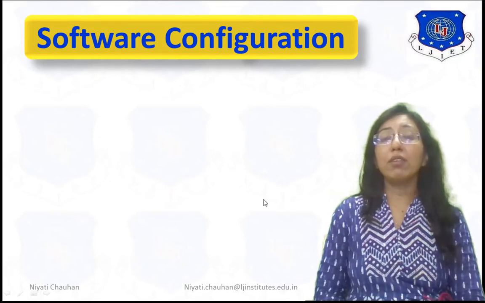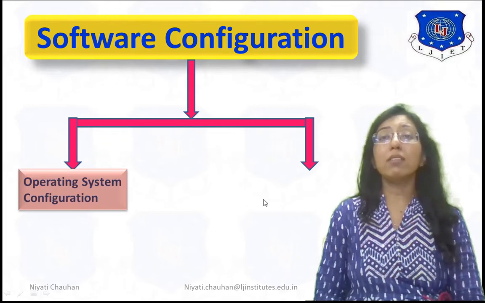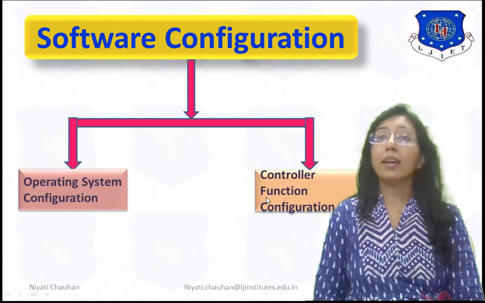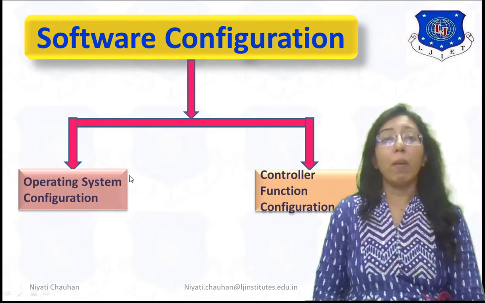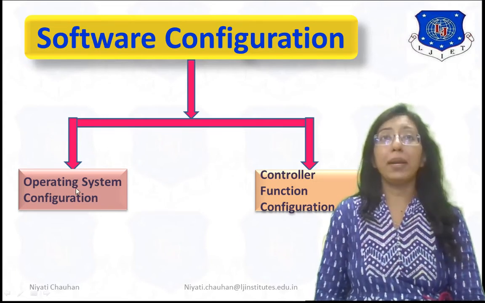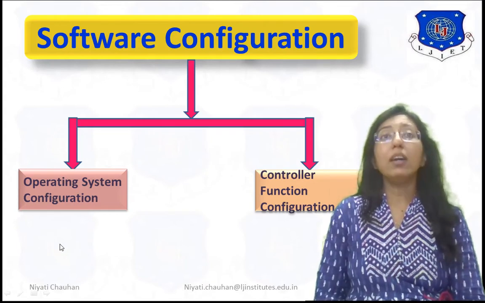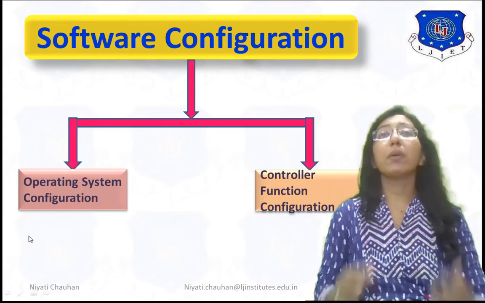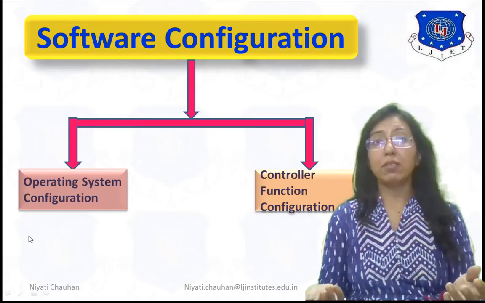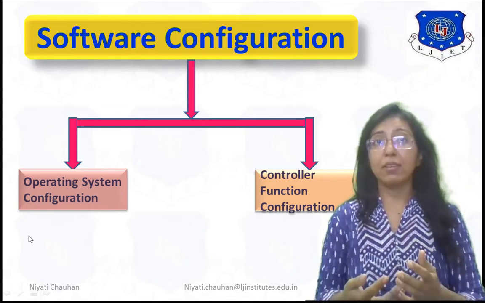Here software configuration is divided into two parts. Number 1, operating system configuration, and number 2, controller function configuration. Operating system configuration means first, the operating system must be configured to define the composition of groups and overview, define trending layers, and assign highway station priorities, right?